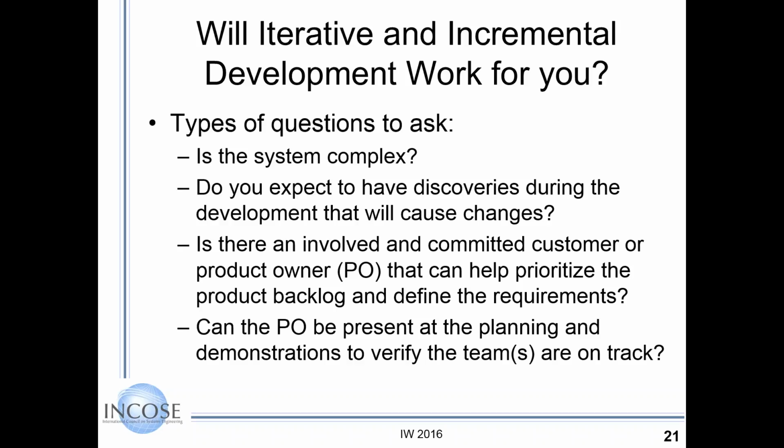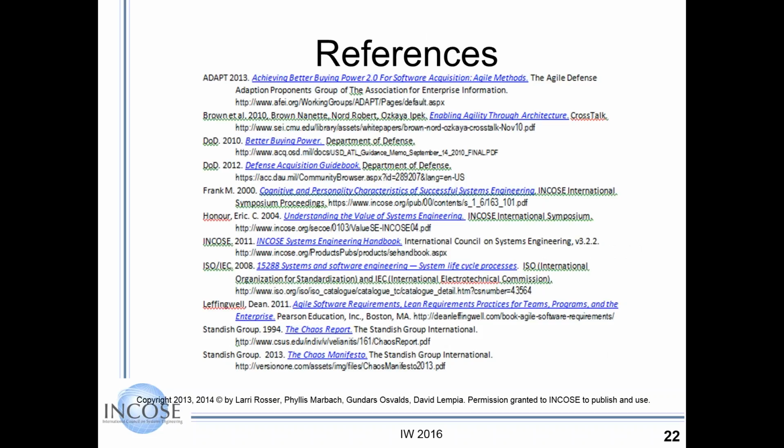So if you're up to multiple suppliers, think about how are you going to be to your contract? Answer those kinds of questions. If they're going to, can the person at the planning and demonstration track? This is a list of requirements that I recommend, and I cite reports in learning more about it.